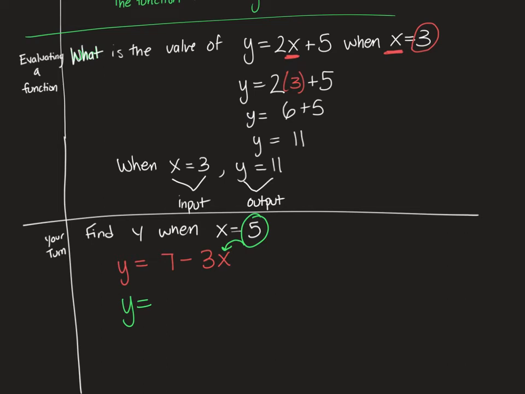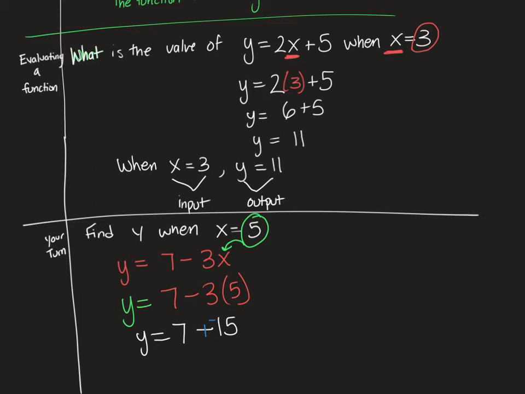All right, this question is asking, find y when x is 5. In other words, you're going to plug in 5 where you see x and find what y is. So 7 stays 7, minus 3 times the quantity of 5. 3 times 5 is 15, and you still have the 7 minus 15. Remember, when you see subtraction, you change it to addition of the opposite.